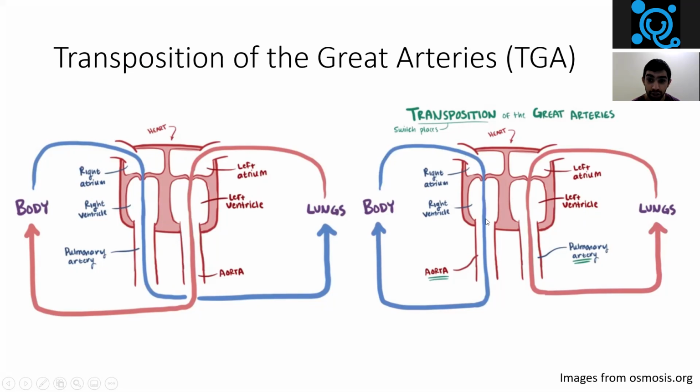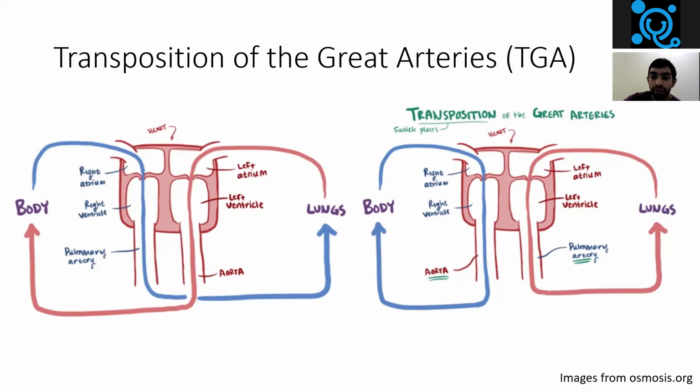Critically, this then goes to the aorta and back to the body. It does not go to the lungs at all. So you purely have deoxygenated blood in your systemic circulation. On the other side, you've got oxygenated blood coming from the lungs, going to the left side of the heart, but instead of going to the aorta and the body, it goes via the pulmonary artery and back to the lungs. So the pulmonary circulation is oxygen rich.